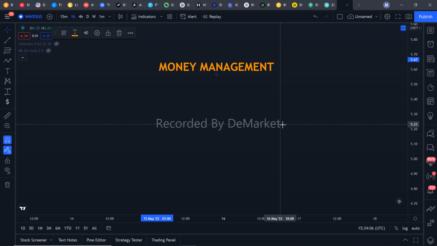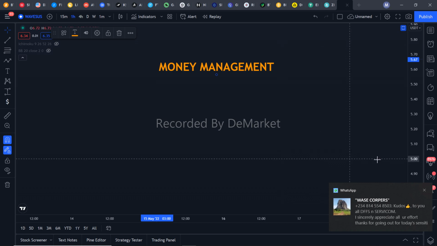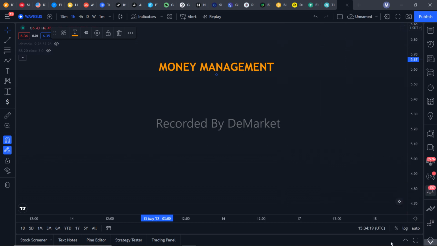First and foremost, what is money management? We have been hearing this particular word, money management. Well, money management is basically a set of rules that traders follow in order to safeguard their account balance, their funds, or their account size.